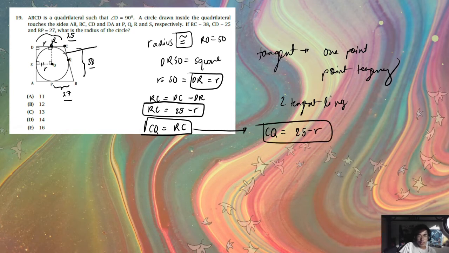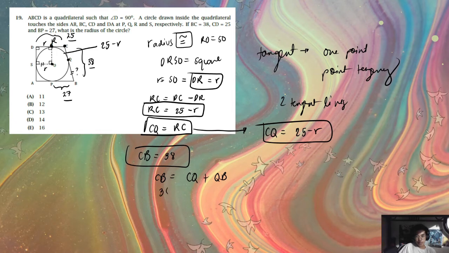So this side measurement here should be equal to 25 minus R. Now, we know that QB here is missing, but we know that CB is equal to 38. CB is the sum of line segments CQ and QB, and we already know the value of CQ. So CB, which is 38, is equal to CQ, which is 25 minus R, plus QB.